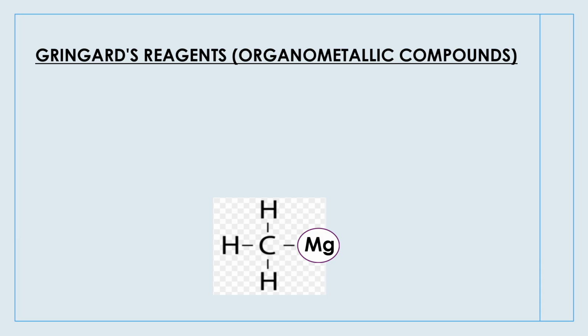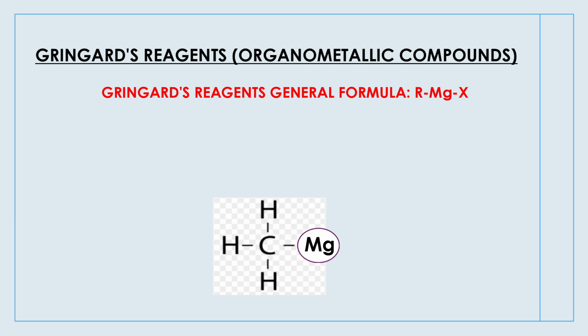If the carbon is bonded to magnesium and it is an organometallic compound, then it is called the Grignard reagent. For Grignard reagent, the general formula is RMgX. R is the alkyl group, Mg is the magnesium, and X is the halogen.